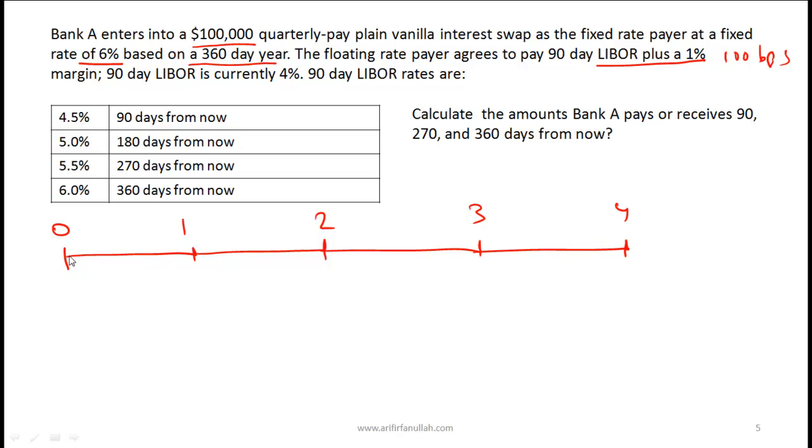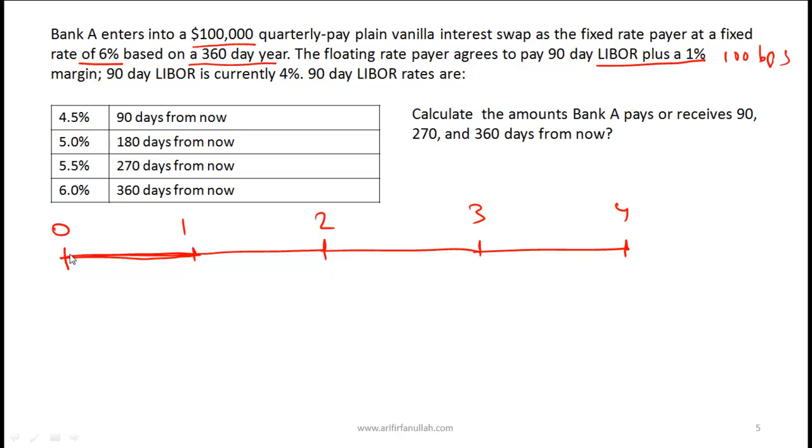Okay, so we need to now calculate the amount Bank A pays or receives on day 90. So day 90 is the end of first quarter, and then 270 is over here, 360 is over here. So essentially we need to calculate who pays whom how much on the various settlement dates. So first of all, let's look at the first period.